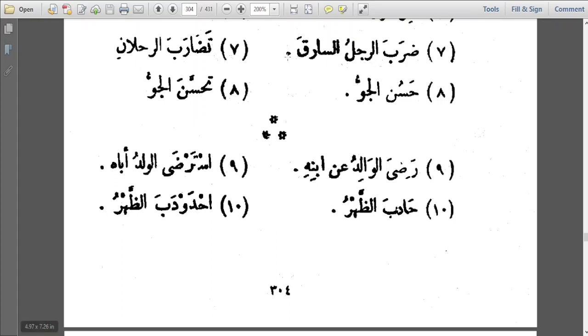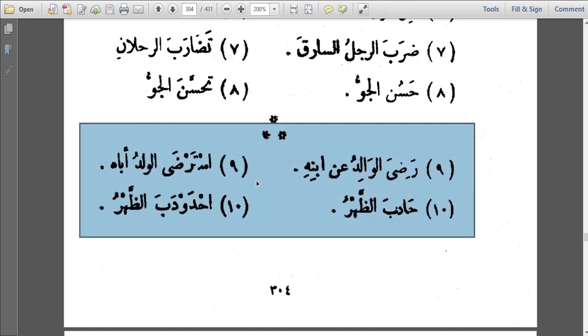Okay, so let's look at here also. What are the meters we are seeing here? We are seeing that from this three-lettered verb radiya, we have istarda, where alif, sin, ta has been added to the root letters. We have hadaba, and then it has become ihdawdaba.